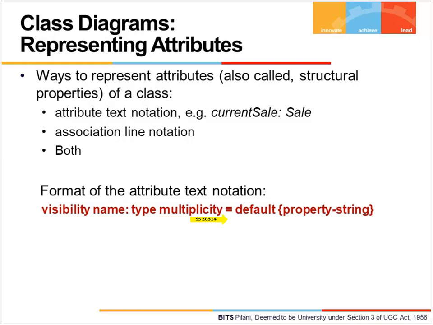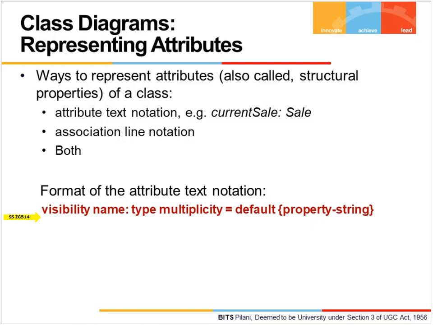And if the attribute is initialized to some default value, then you put an equal to sign, write the default value there, followed by a property string, right? Now each of these parts in the attribute notation describes some aspect of the attribute. We will see each one of them as we move ahead, but in totality, this is the format used to write the attribute text notation, right?